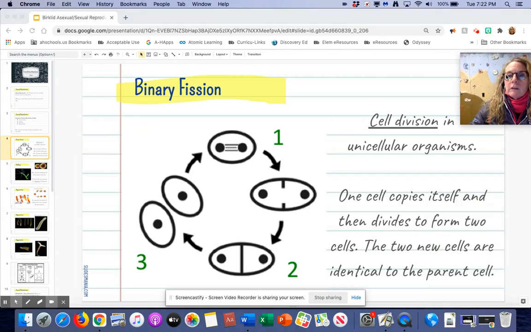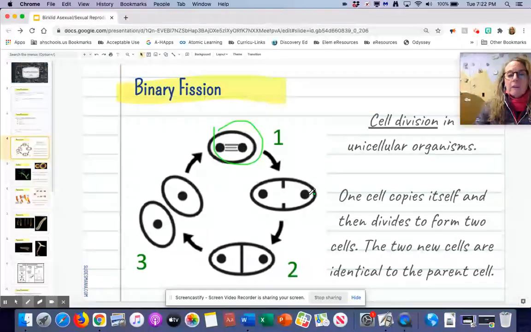So here's a picture. Binary fission is basically just what we learned in the last unit as cell division in unicellular organisms. It is the word for reproduction. So here you have one cell that is copying itself. So that makes two nuclei. It started with one, it copies the nuclei and makes another.